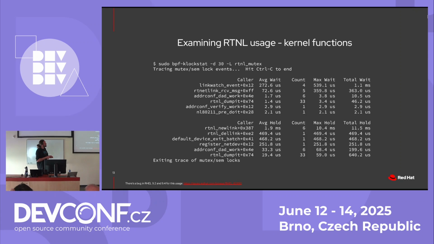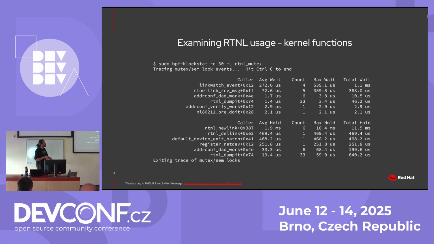RT netlink receive message is a pretty common one because that's the function that parses the netlink message that comes from user space and does something with it. Similarly, RTNL dump it is the function that will create a user space netlink message and send it to user space for things. And down here, it's a bit more specific.